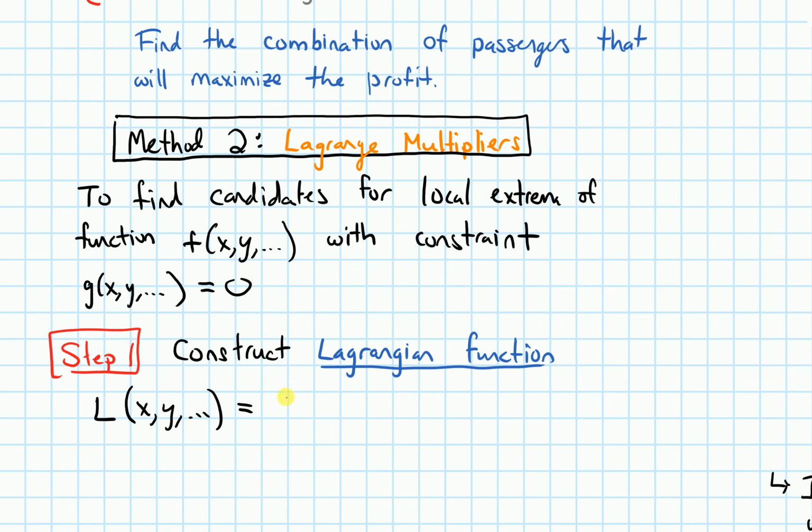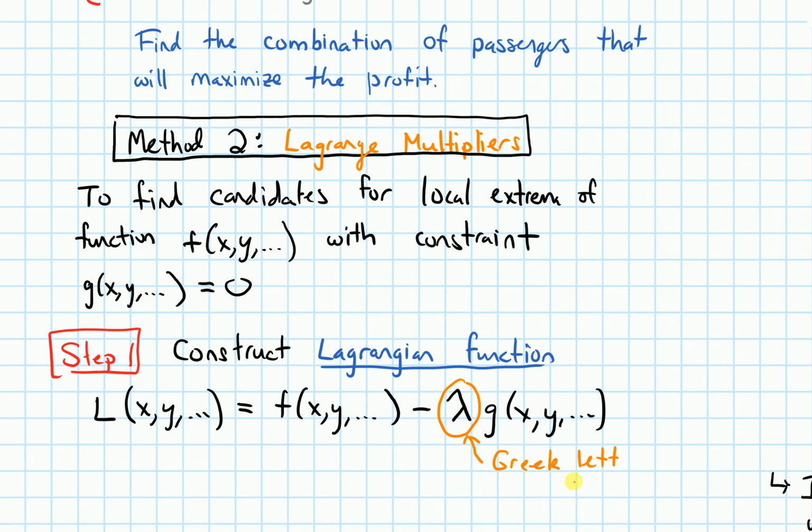And it consists of the function f, my objective function, f of x comma y comma dot dot dot, and then minus this symbol, times my constraint, g of x comma y comma dot dot dot. And this symbol that I wrote in front of g is a Greek letter. It's the Greek letter lambda. Okay, and that's referred to as the Lagrange multiplier. It's multiplying this constraint function g.